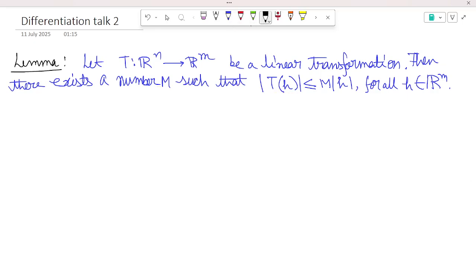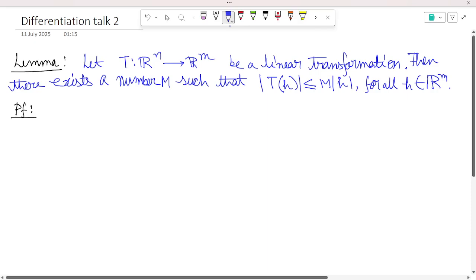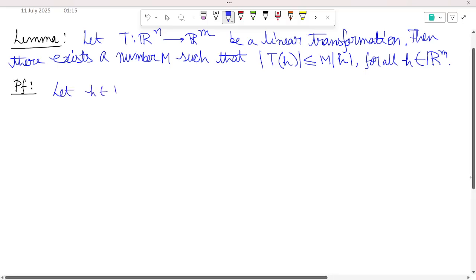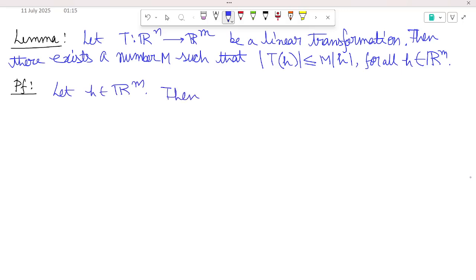So I need to put this first. So let h belong to Rn. Then what is T(h)? T(h) is nothing but a linear combination of the elementary basis vectors, since T maps Rn to Rm.